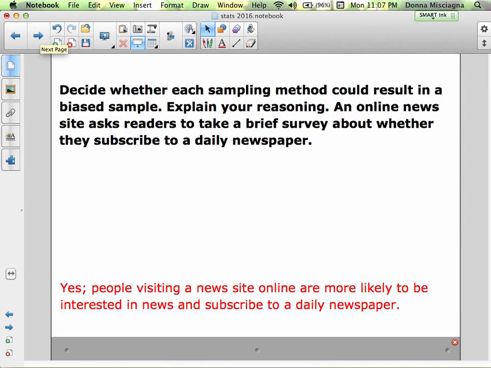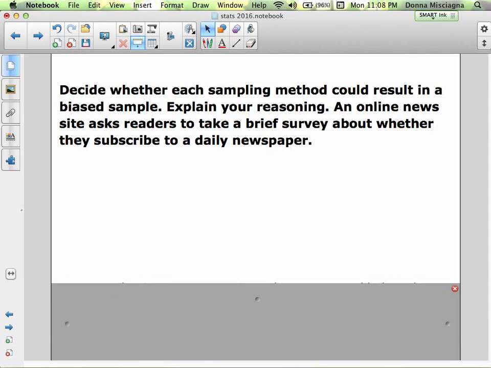All right, so people visiting a news site online are more likely to be interested in news and subscribe to a daily newspaper. So this was a biased sample, right? Because you're going to overrepresent those who are interested in the news. Because if you're not interested in the news, you're probably not going to be reading the online news site either.